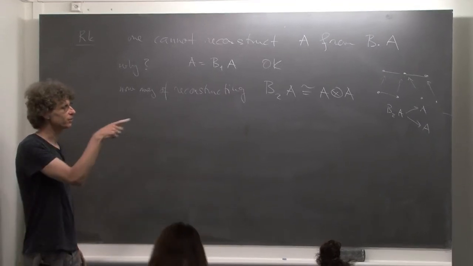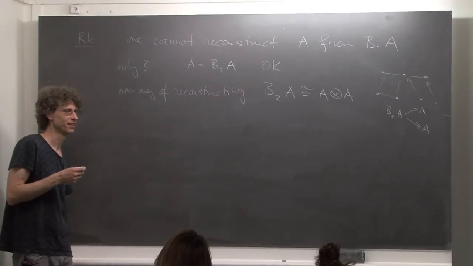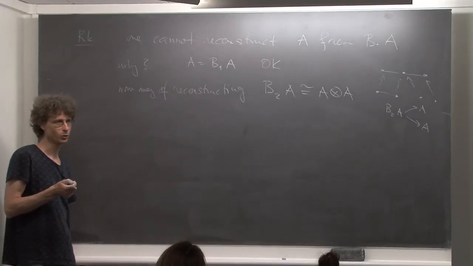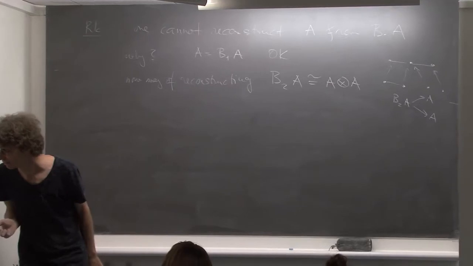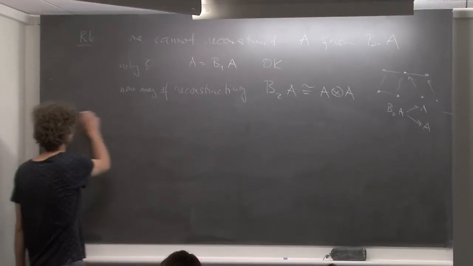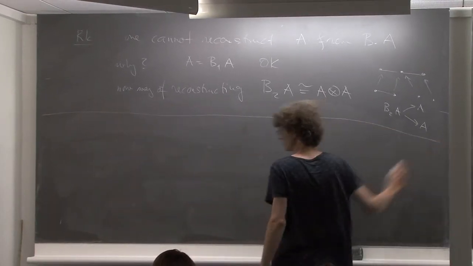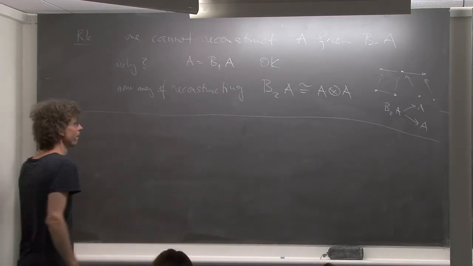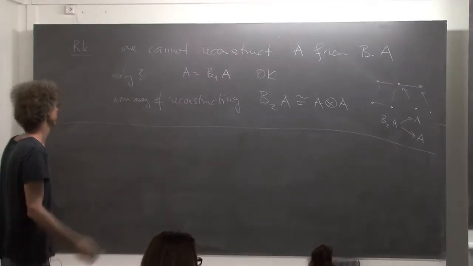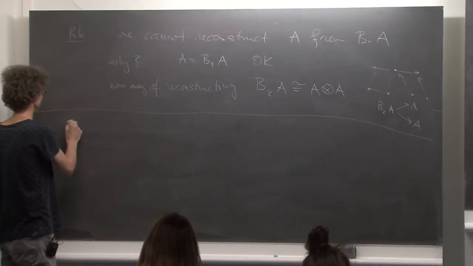That's because this A is not a good replacement of a monoid in sets. A good replacement of a monoid in sets is actually a bialgebra. So what we're going to do, I'll just write it here.